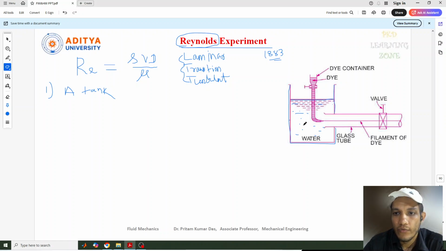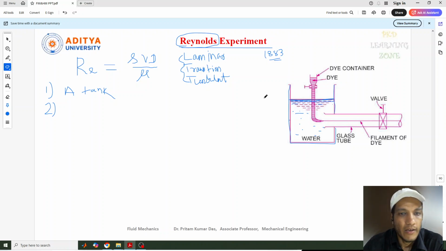which consists of water at a constant head, or you can say up to a fixed head. Now the second part: we need to consider a small dye container.